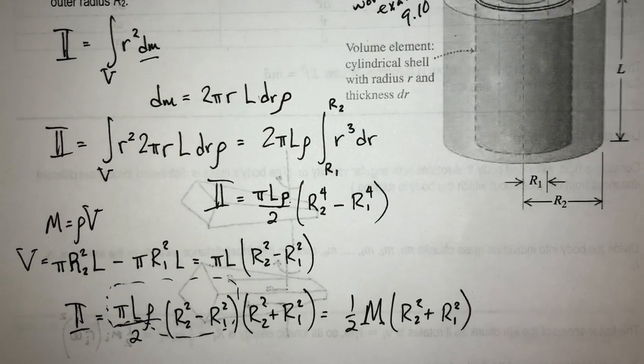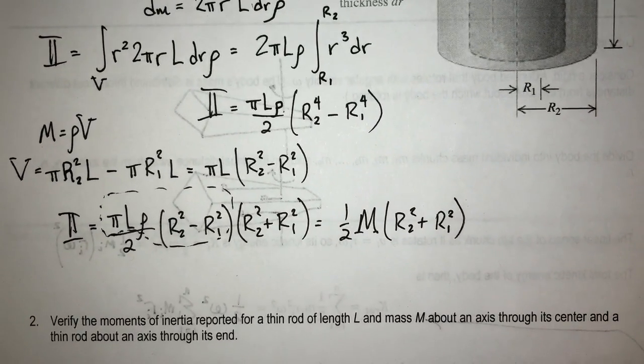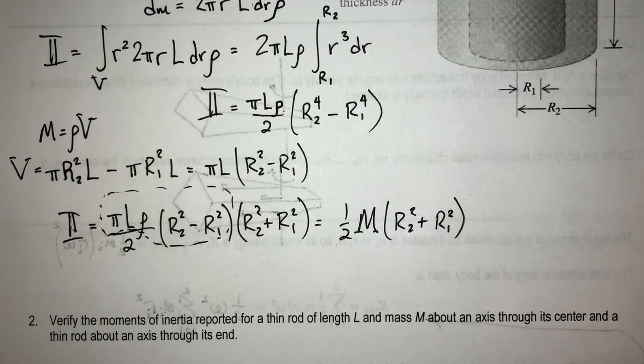Most of the time, we won't need to find a moment of inertia this way. The next problem says to verify the moments of inertia reported for a thin rod of length L and mass m upon an axis through its center and an axis through its end. Verify means I must have given them to you first so that you can check them.